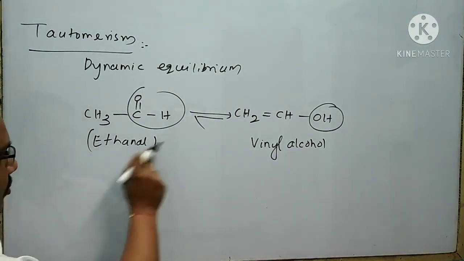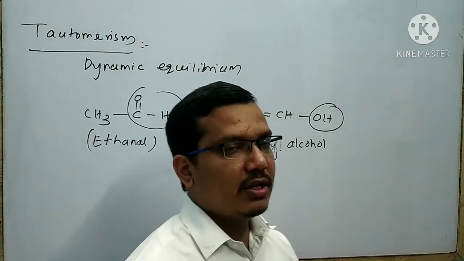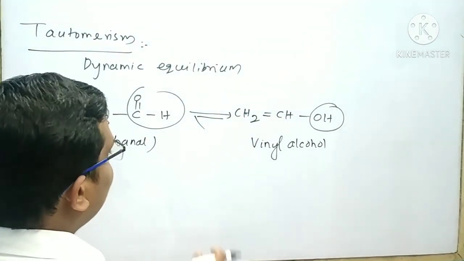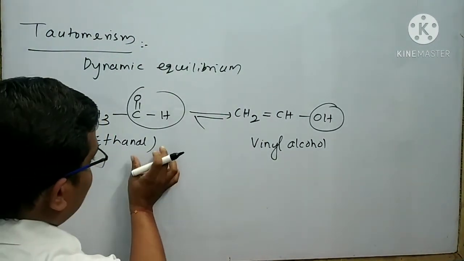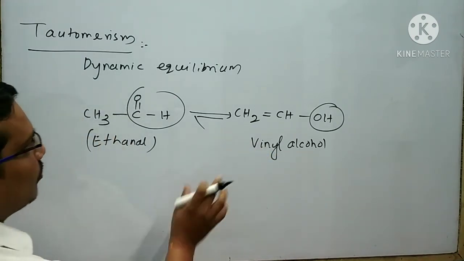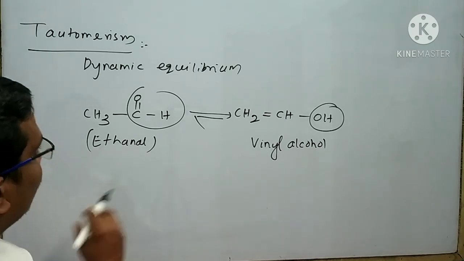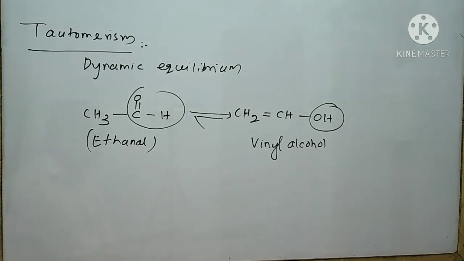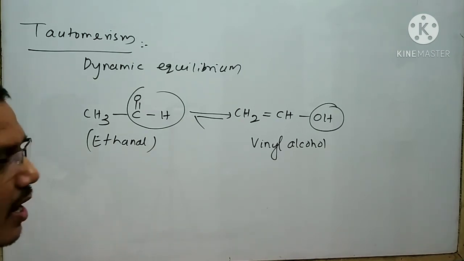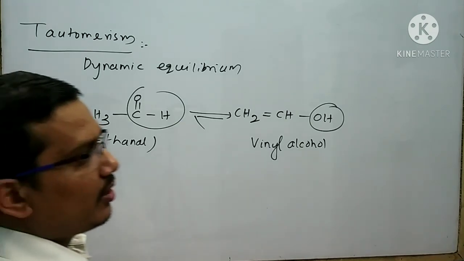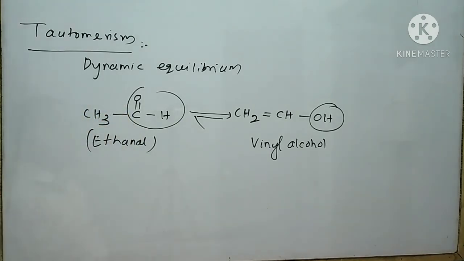No doubt, these two compounds are functional isomers of each other, but there is a relationship between these two compounds: they are in dynamic equilibrium. So such isomers are called tautomers, and the phenomenon is called tautomerism. Remember an important point: tautomerism is considered a special case of functional isomerism.